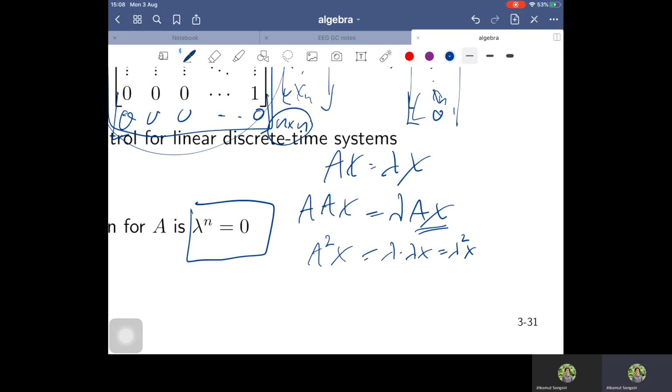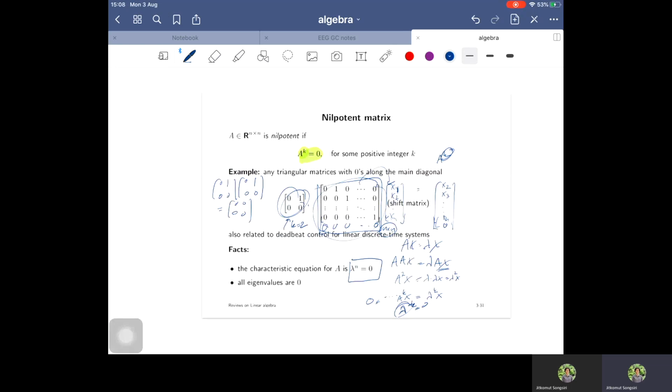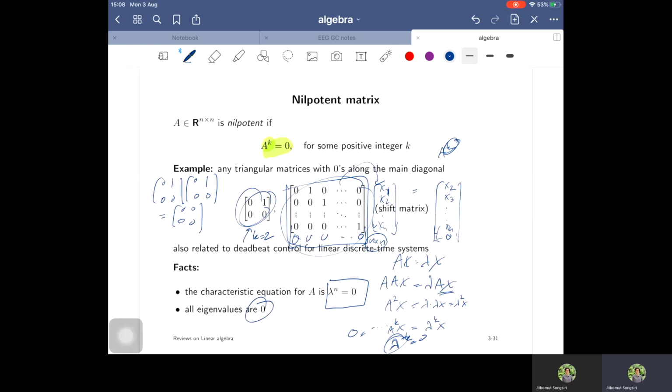Okay, and if you keep going on and on, you get A to the power of k x equals lambda to the k x, but then the left hand side is 0, right? Which means all the eigenvalues of a nilpotent matrix are 0. The matrix doesn't have to be 0 itself, but all the eigenvalues are 0.